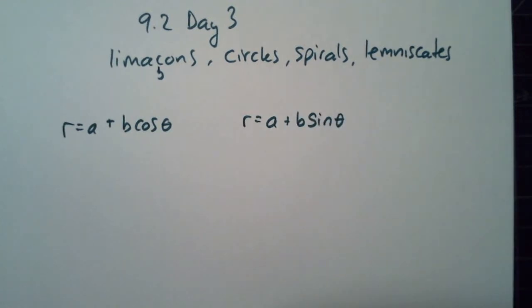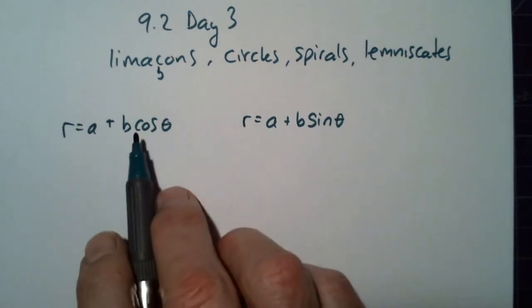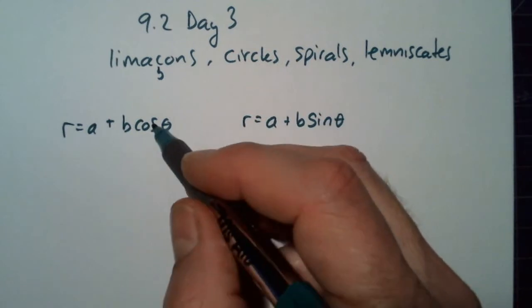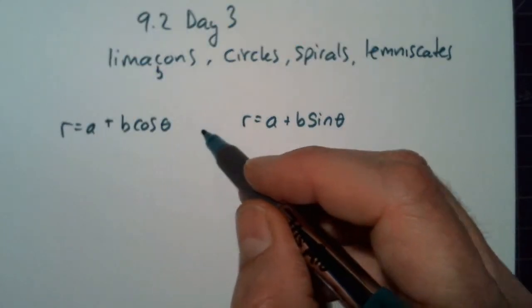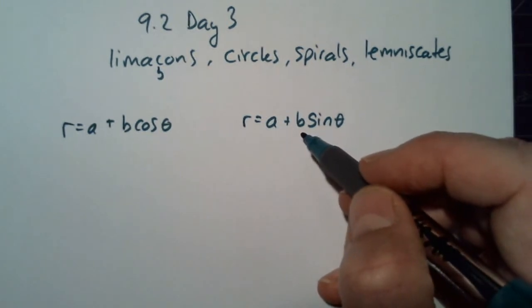Or like that. And when we look at the graph of cosine, it will be symmetrical to the polar axis, and this will be symmetrical to pi over 2.